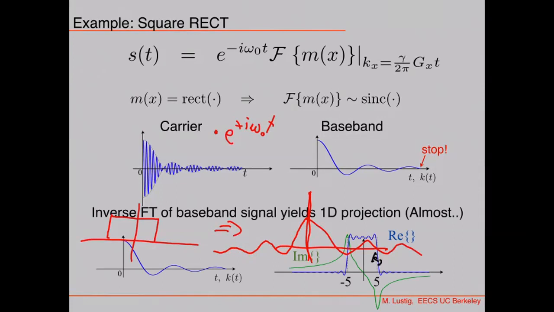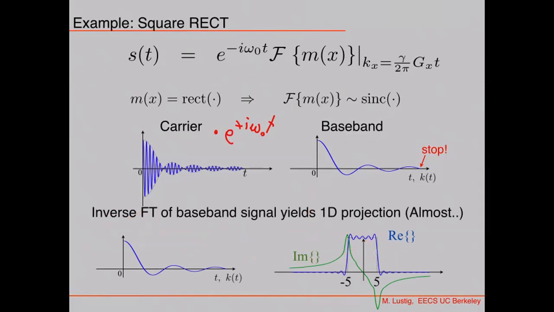Okay, so here's the point. If I now get this signal that I collected and compute a Fourier transform of that baseband signal... by the way, this is the signal I collected. What are the axes?